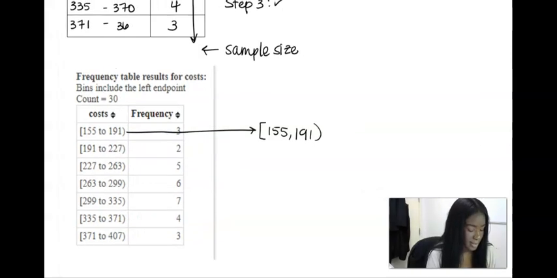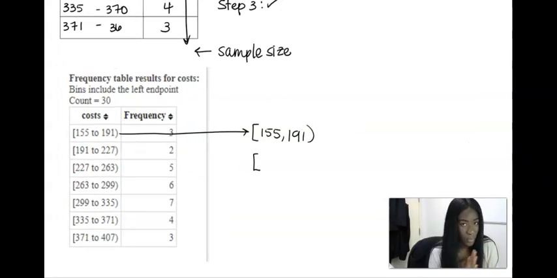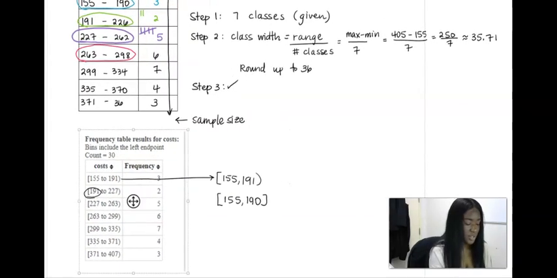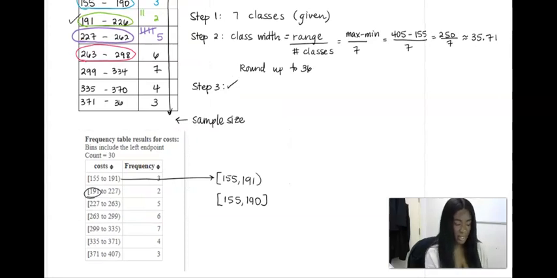So technically, if I'm not including 191, they are including 190. This is really just to 190. Because we can see that 191 is included in the second group, which is good because that's what we expect to see matching up with our frequency distribution.